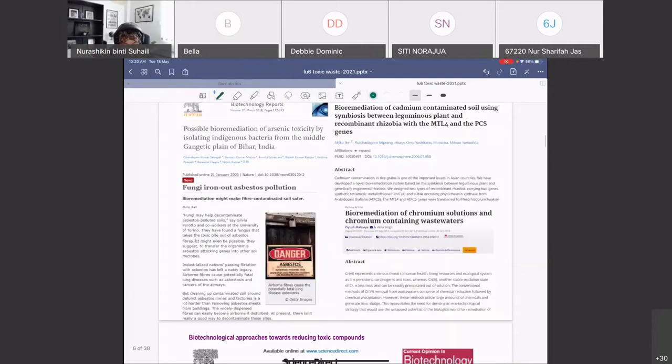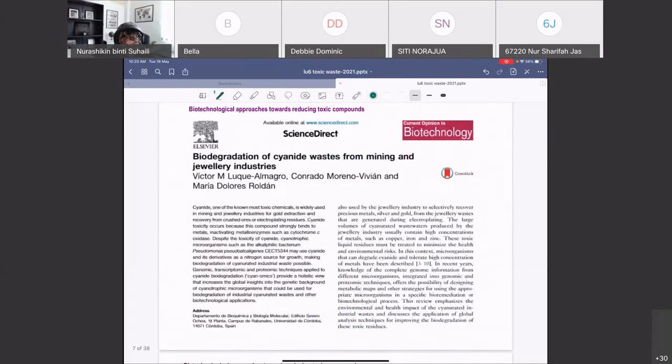All right, another research here: biodegradation of cyanide waste from mining and jewelry industries. So this cyanide is produced from sources such as the mining and jewelry industries. This group of researchers studied how to degrade the cyanide using bacterium.